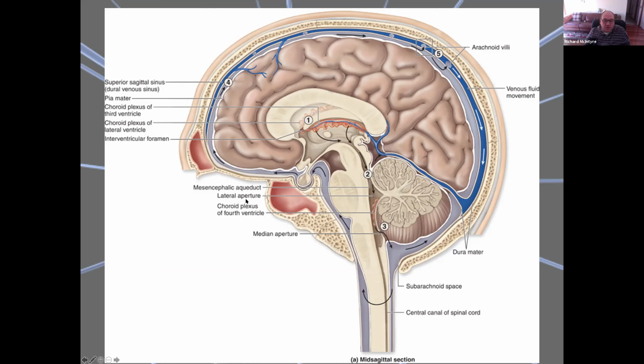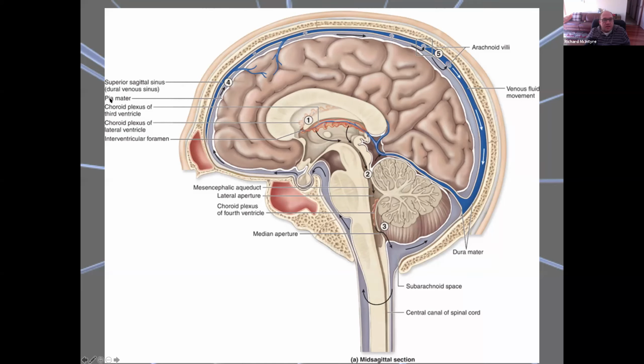We've got the structures, the mesencephalic aqueduct, or the cerebral aqueduct through the mesencephalon. I think I've done that.